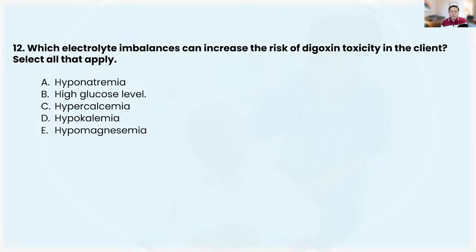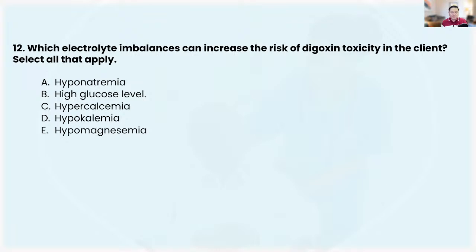Number 12, which electrolyte imbalances can increase the risk of digoxin toxicity in the client? Select all that apply. Is it A, hyponatremia? Letter B, high glucose level. C, hypercalcemia. D, hypokalemia. E, hypomagnesemia.